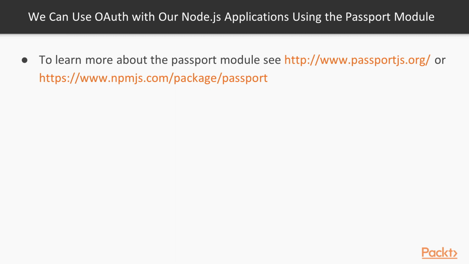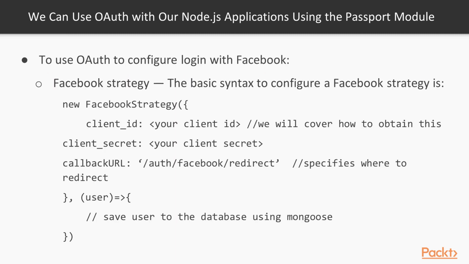But for Node.js, we can use this module that makes it really easy to use OAuth called the Passport module. So the first thing we do with the Passport module is configure something called a strategy. And Passport has these strategies, which are essentially objects that tell the third parties, such as Facebook or Google, how we're going to interact with them.